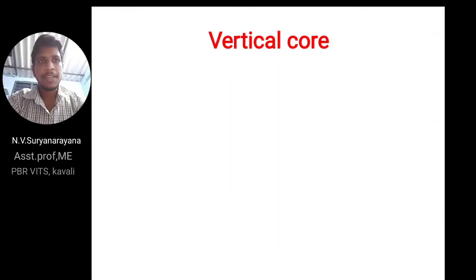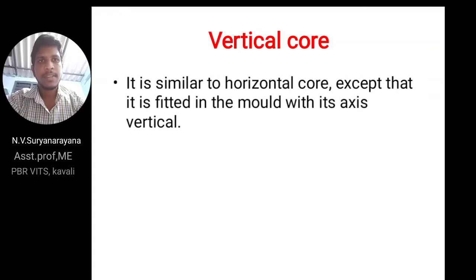Next, vertical core. It is similar to horizontal core, but what is the difference between horizontal core and vertical core? In horizontal core, we place the core horizontally in the mold, whereas in vertical core, the core is placed in the mold with the vertical axis.